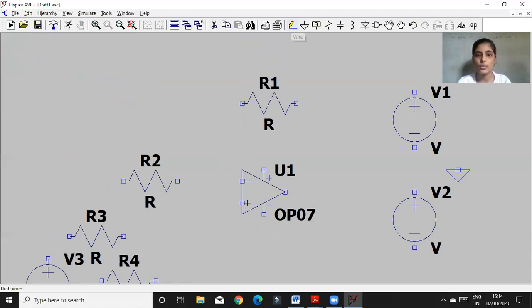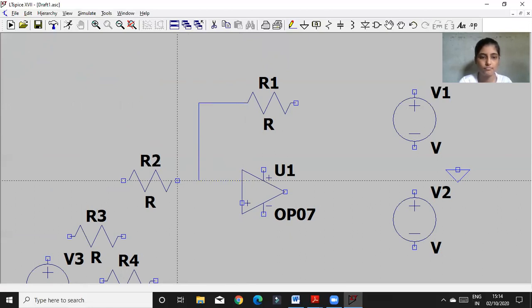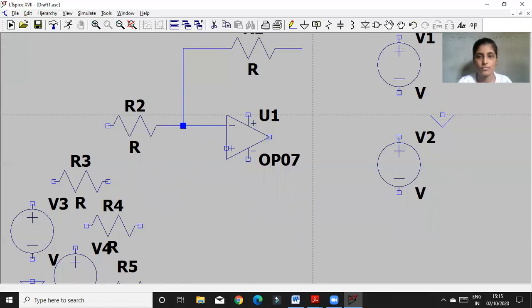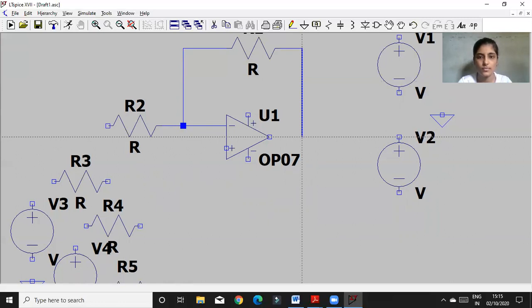So I'll connect all the components with wire. And I give the Vout here.